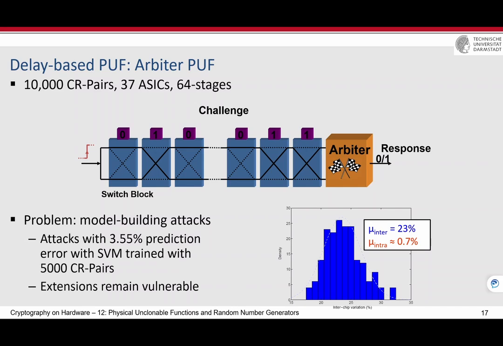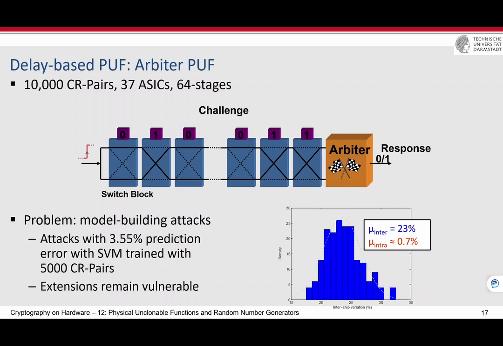Very easily, you can still build the model and predict the output with a high probability. And then many people try to make this more complicated by using this response as a challenge to another set of arbiter PUFs and so on.